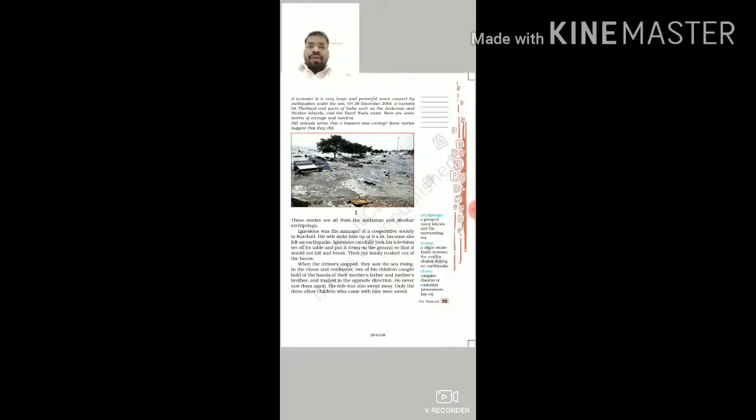On 26th December 2004, a tsunami hit Thailand and parts of India such as the Andaman and Nicobar Islands, and some part of the Tamil Nadu coast also.